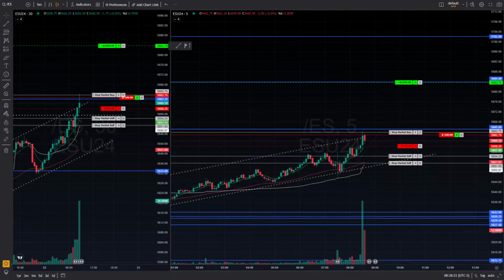Now, why do I think there's a lot of risk here? Because our 5-minute formation is building potentially Dakota's 3-bar reversal. Depends where it closes. And something else super interesting is I've been looking at this 1 minute.